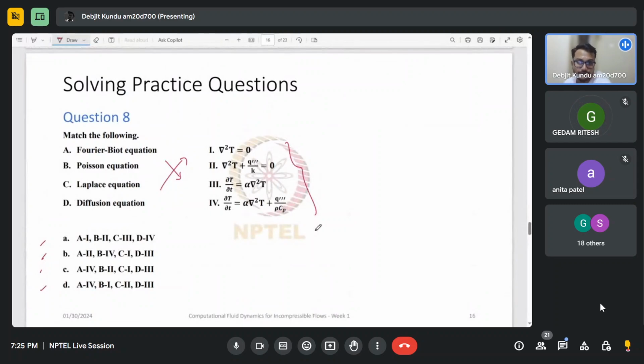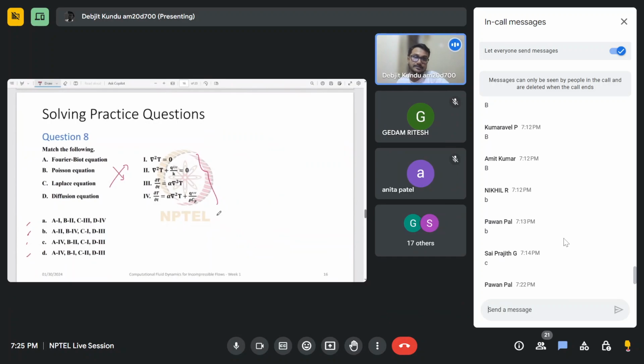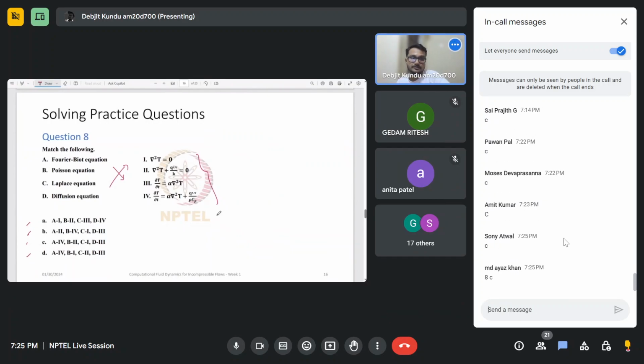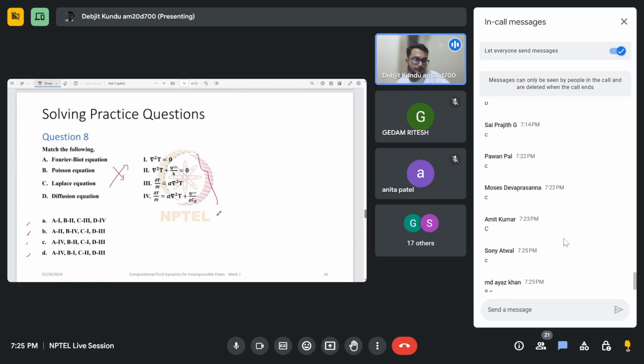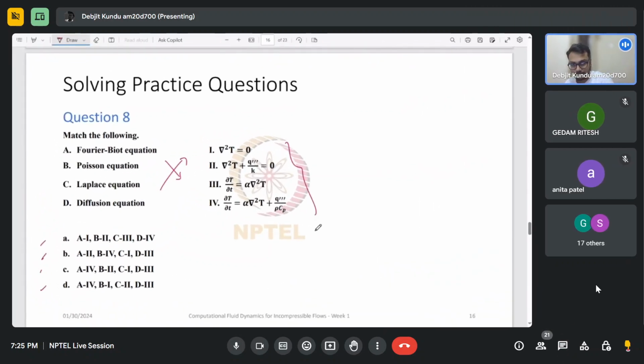So we'll go back to question number 8 now. It's a match the following type of question. So you have to match the two columns to each other and find out the correct combination. You already started to get some answers here. Most of them are in favor of option C as of now. So take your time, no need to rush, to correctly match each of these terms to one another and find out the correct combination.